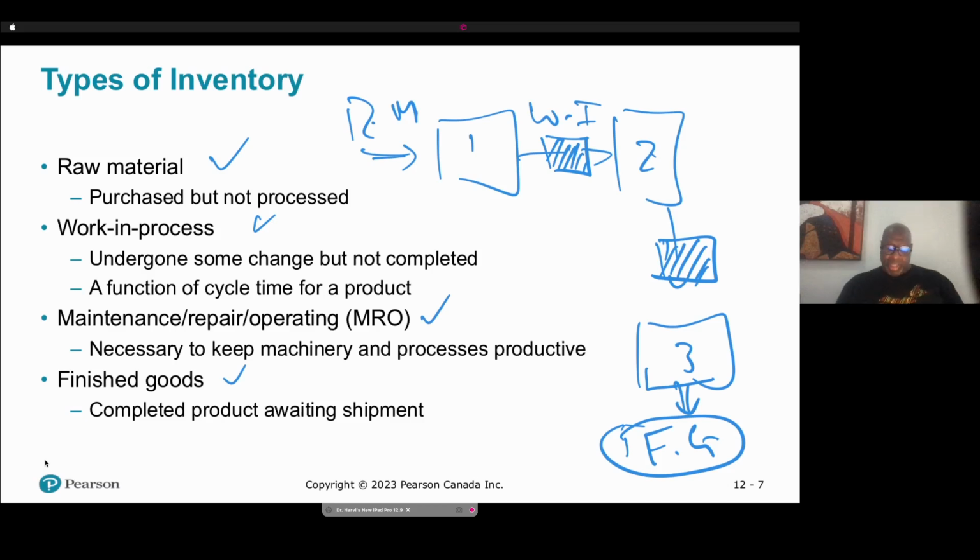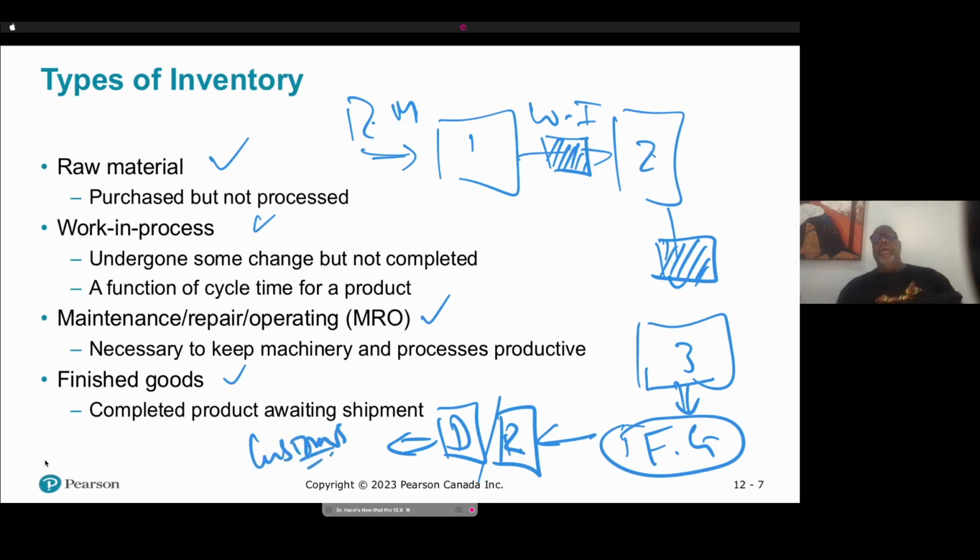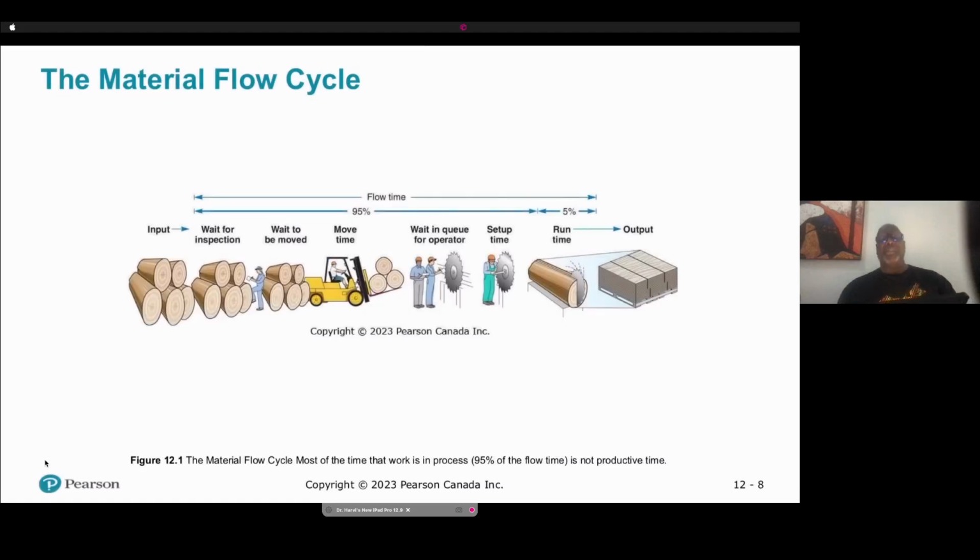So that's what's actually sent to either your distributor or your retailer, and then goes to your customers. If there's a distributor, then the distributor would have a retailer as a customer. If there's a retailer, the retailer would have the end user as the customer. So all of these different types of inventory have different costs, and they have different functions.